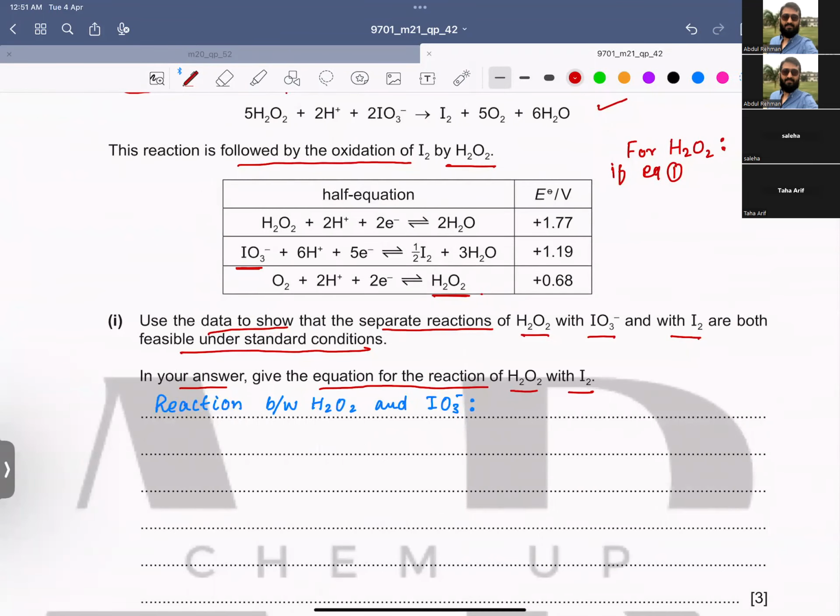Reduce. Reduce, okay. And why does it undergo reduction? As it is on the left hand side.